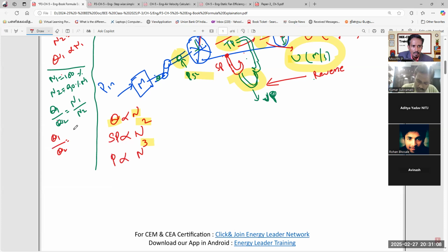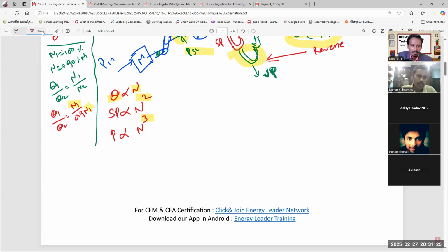What is N1? You keep N1 as 100%. What is N2? 90% means 0.9, so 0.9 N1. So N1 and N1 cancel. Then what is the final value? Q1 divided by Q2 equal to 1 divided by 0.9.